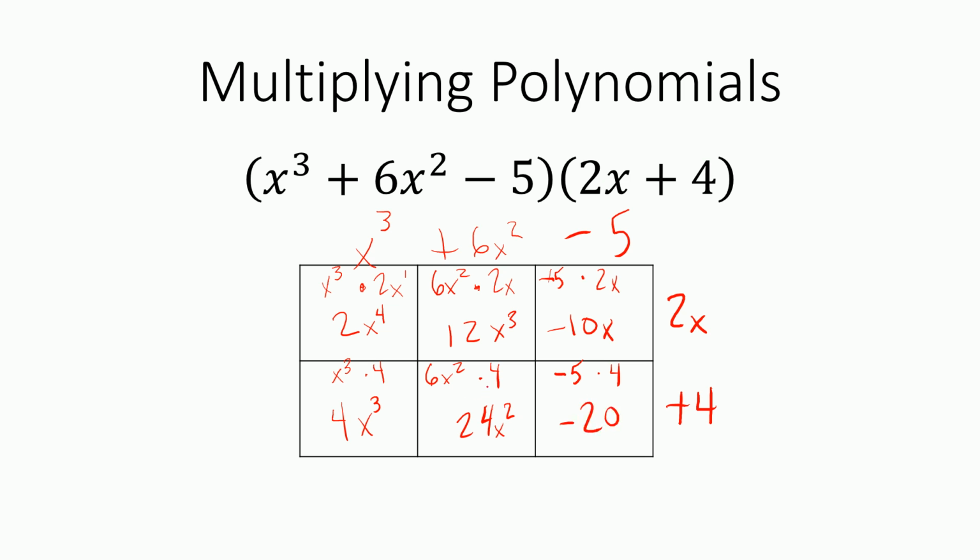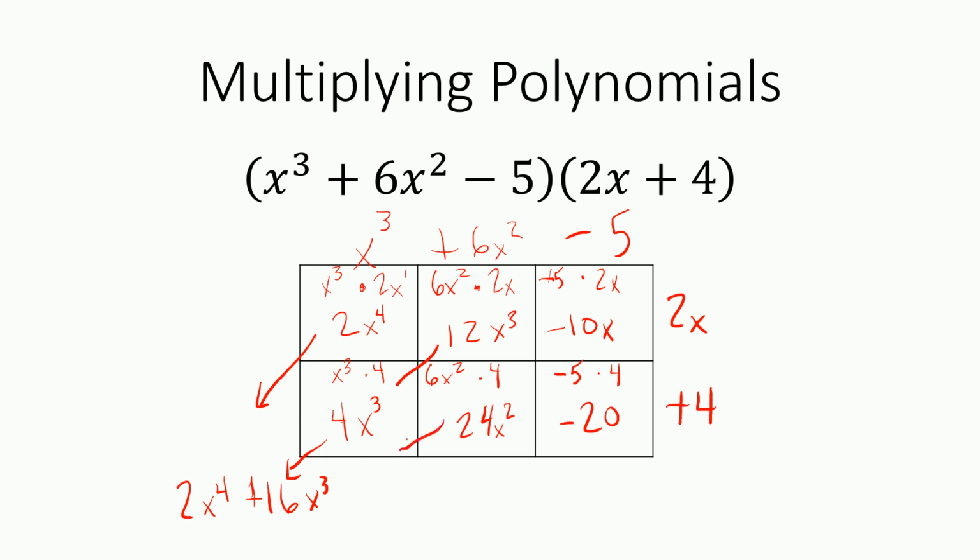Then to write our final polynomial, we combine any like terms. In this case, 2x to the fourth doesn't have a like term, so it's just 2x to the fourth. These are two like terms, so we're going to add those: 12x cubed plus 4x cubed is 16x cubed.